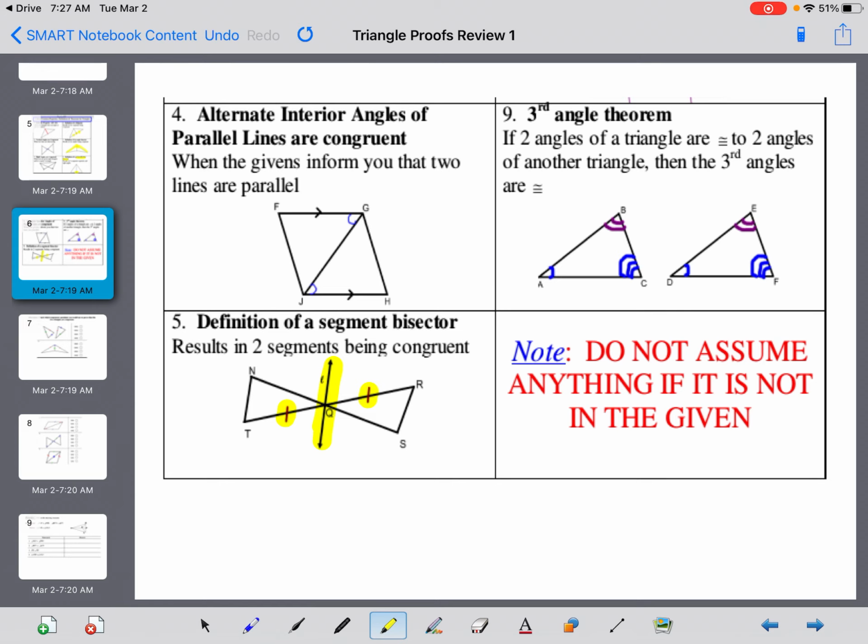And last, your third angle theorem. If they give you two angle pairs congruent, then you know that the thirds must be congruent. Okay, and the most important thing is right down here in the bottom, do not assume anything if it is not in the given. We either need to state it to prove it ourselves, or it's going to be in the given. We can't just assume.